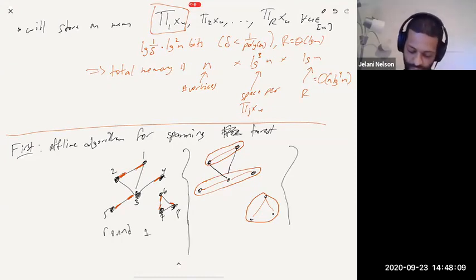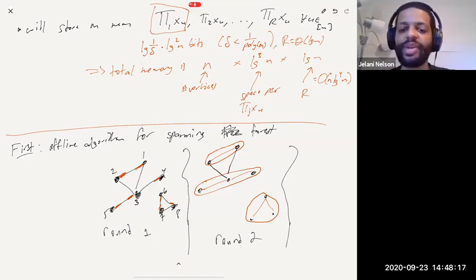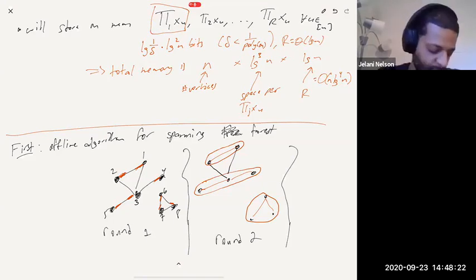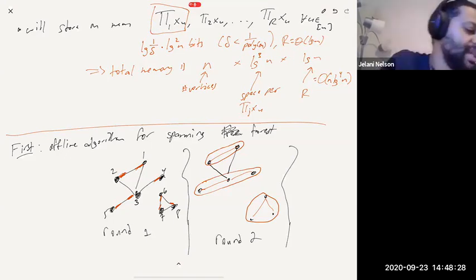This is round 2. And then in round 2, I'm going to do the same thing as round 1. Every super vertex is going to pick an edge incident upon it if one exists. That super vertex in the bottom right, there is no edge incident upon it, so it can't do anything. But the other two, they'll pick incident edges.